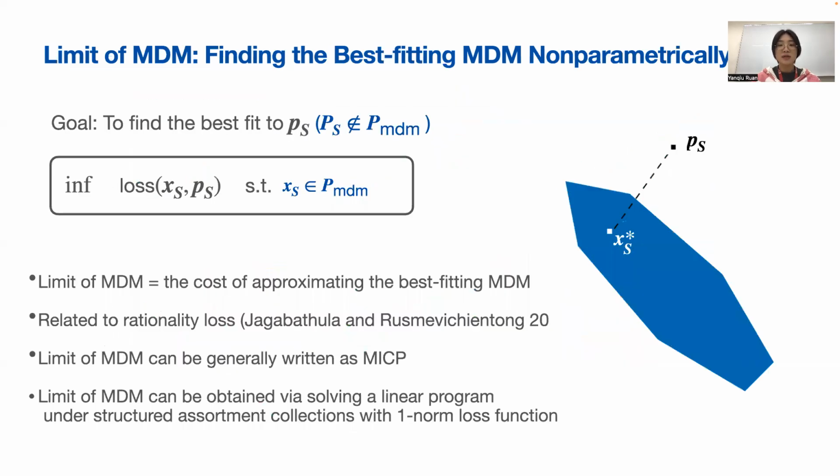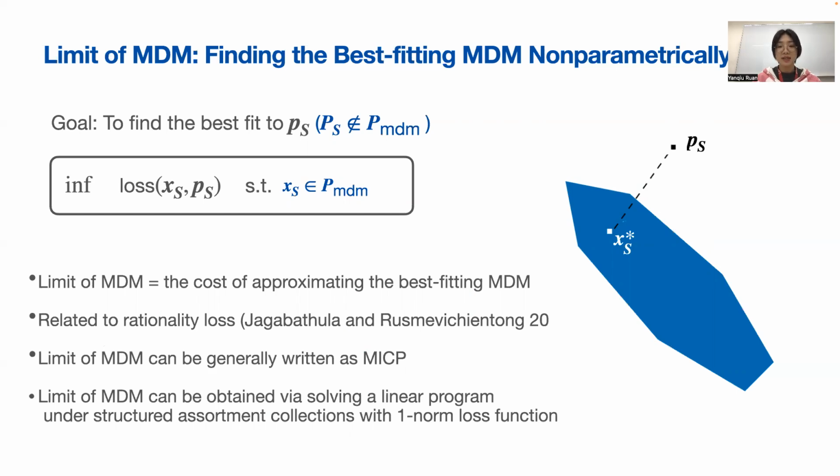Another application is non-parametric estimation using the MDM characterization. When the choice data is not fully consistent with MDM, we develop a limit of MDM to quantify the degree of inconsistency and find the best-fitting MDM choice probabilities. The limit of MDM is defined as the smallest loss that can be obtained by approximating with the best-fitting MDM.